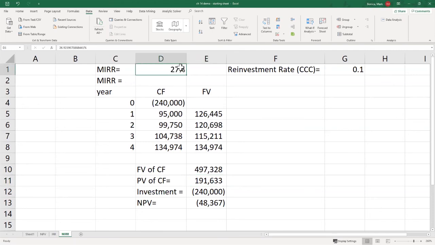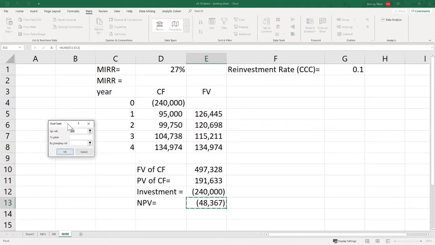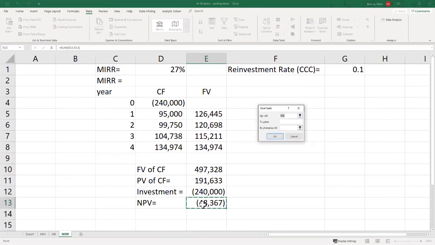Well, our goal is to set NPV equal to 0. So we're going to go to data, what-if analysis, goal seek, and we're going to set cell NPV equal to 0 by changing the assumptions, by changing the MIRR discount rate that we're using here to calculate the PV.